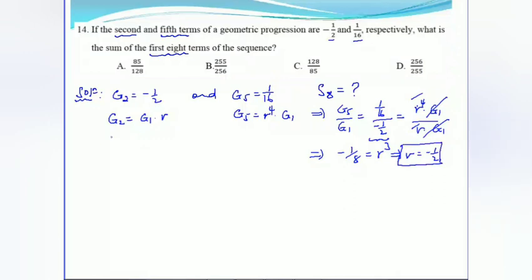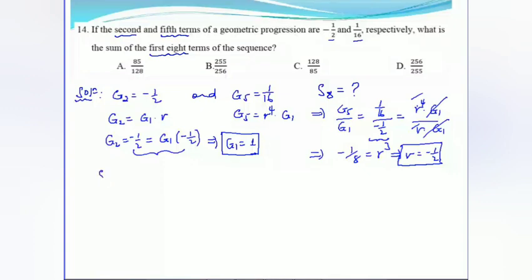We know that the second term, which is minus 1 over 2, is the first term times the common ratio, which is minus 1 over 2. So from this we get that the first term is 1. So from the given information, we have the first term and the common ratio.